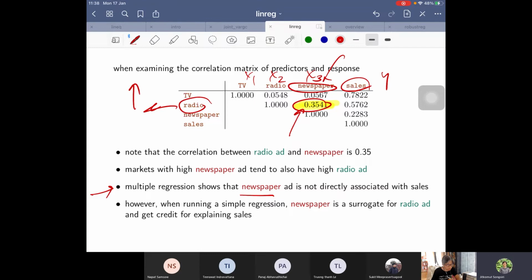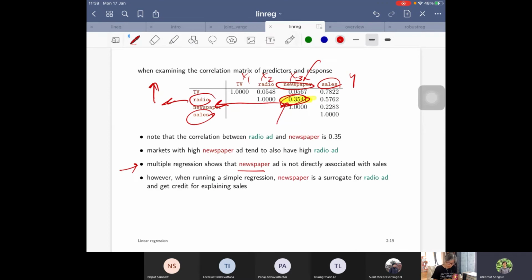And the radio is the actual important variable for the sales to increase. So the newspaper actually gets the credit for explaining sales, but that credit comes from the fact that the newspaper has a correlation with another predictor variable, which is radio. I think this is an interesting example they bring up in the book.